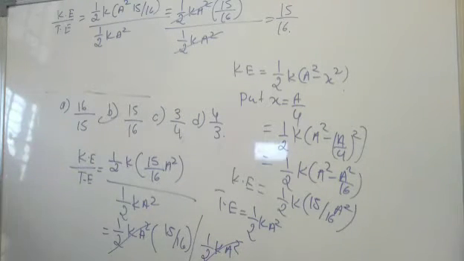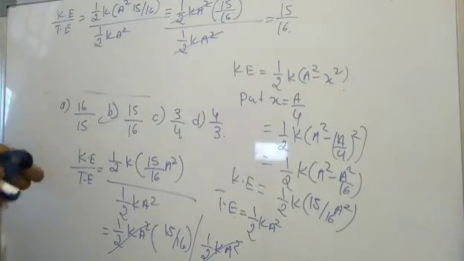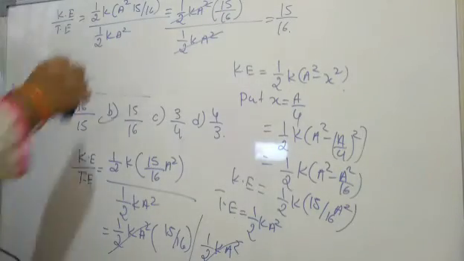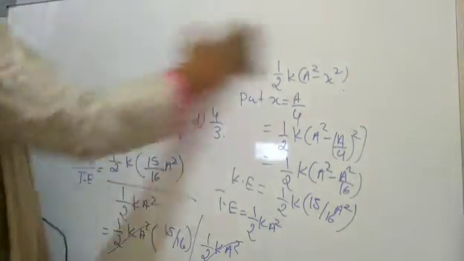So like this you can solve plenty of problems related to finding the total mechanical energy of a particle executing simple harmonic motion. By this we will move to the next topic, that is graph oriented.